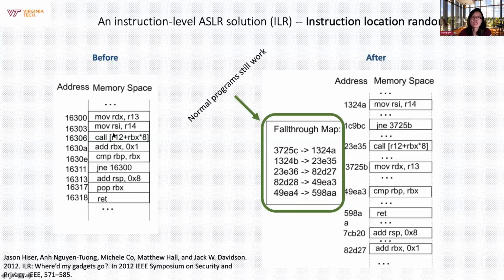But disrupting instruction order, last time we showed that normal programs can still work at the instruction level with ASLR, because there is a secret mapping that tells you where to find everybody. Without this secret mapping, everything looks so far apart. They are not consecutive, so you cannot just read through the code page and find everything, like before.